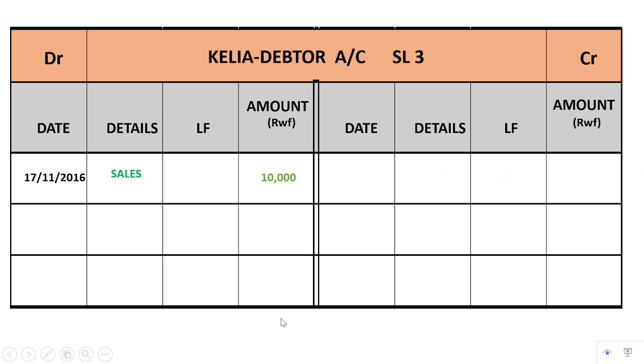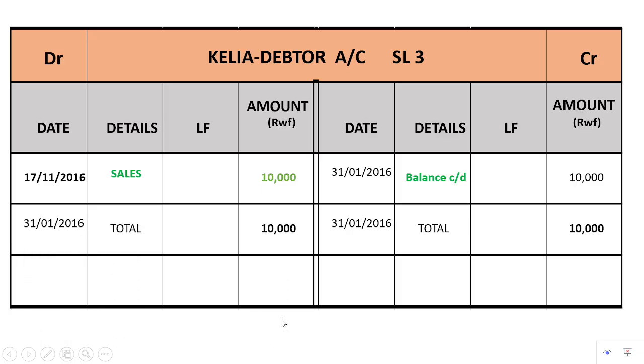Then we balance this off. We need 10,000 as a balancing figure on the credit side. Then we sum up this side and this side, 10,000, and we draw two parallel lines to indicate that the debit side is equal to the credit side. Then below these totals, we bring the balance brought down on debit, which is 10,000. The balance brought down is in a different month, that is February, yet the transactions were for January.